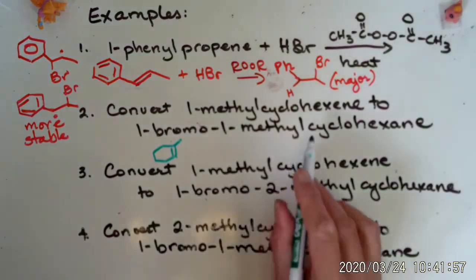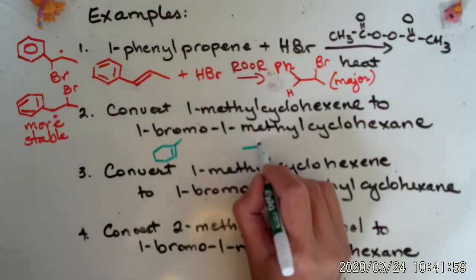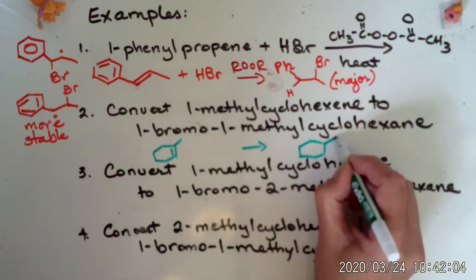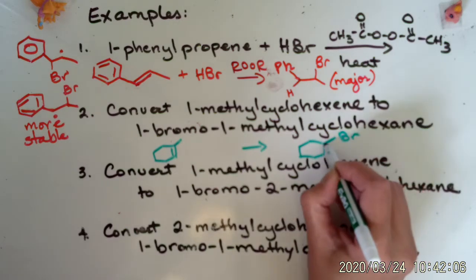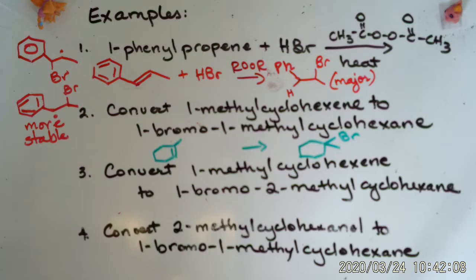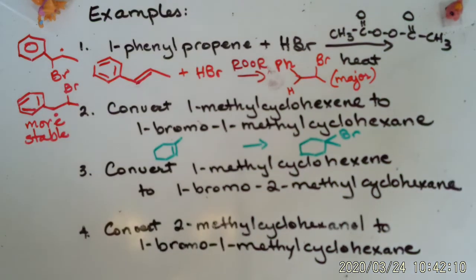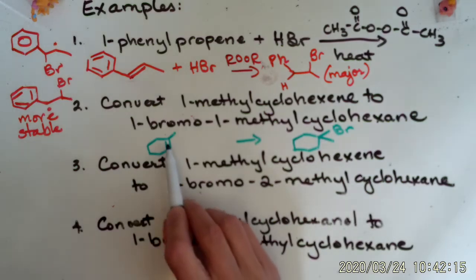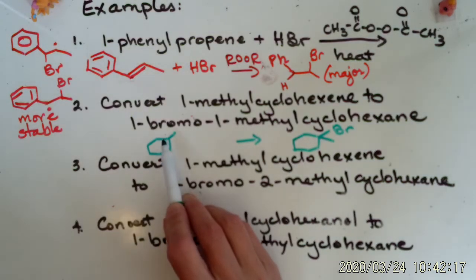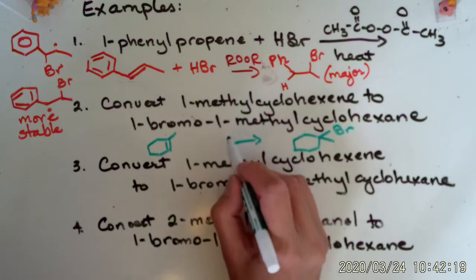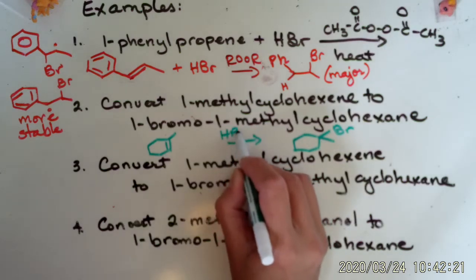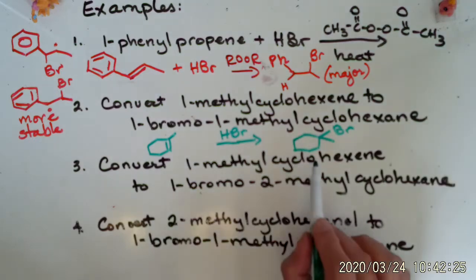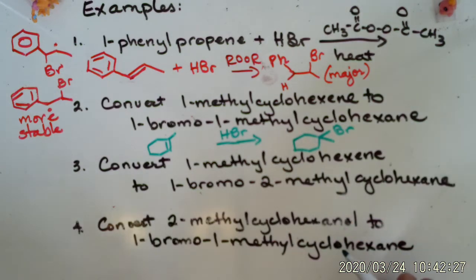And I need to do something to turn it into 1-bromo-1-methylcyclohexane. So if you look across this, then how am I adding it? I'm adding an H here, and I'm adding a bromine there. This is a Markovnikov addition. So all I need to do this conversion is to add HBr, and it will automatically do my Markovnikov addition.